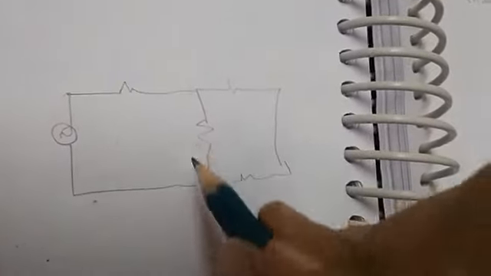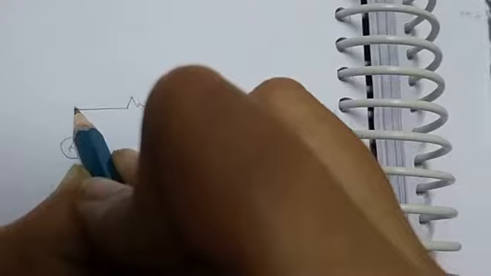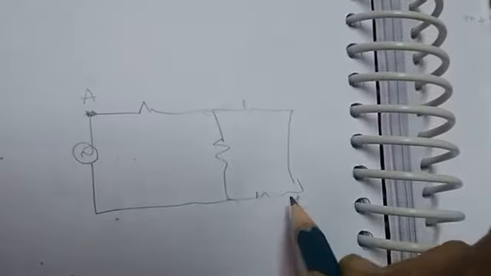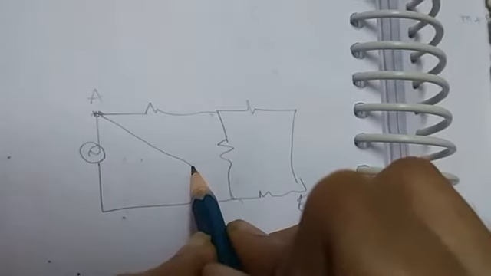That means if a branch is connected, for example, from point A to E, it won't be connected planarly. It may cross or cut one more branch like this.